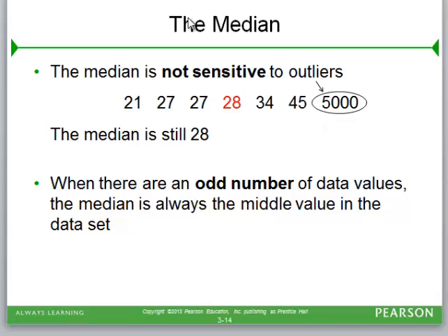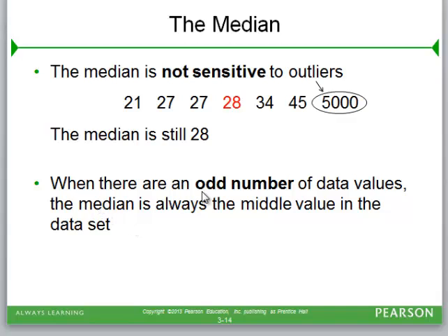Whereas the median will not be affected by the 5000. It's the middle of this group of data, and very obviously you can tell 28 is much more representative of the whole group of data than some number close to 5000.